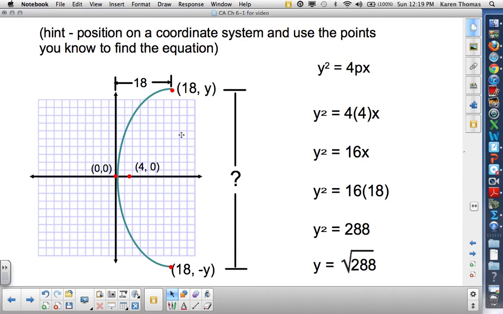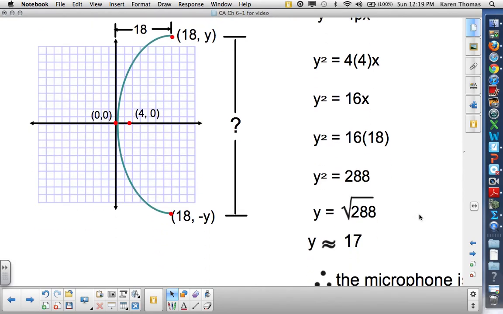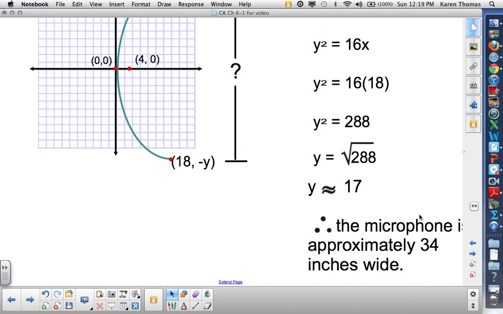So that tells me that my distance from my x-axis to this point is the square root of 288. We're going to estimate that to be 17. When you put that in your calculator, it's about 17. So the microphone is approximately 34 inches wide when you multiply it by 2. Replay this section if you have questions on anything I did on this problem.